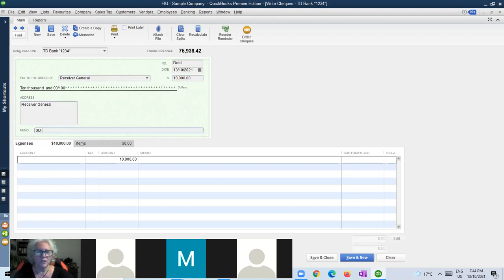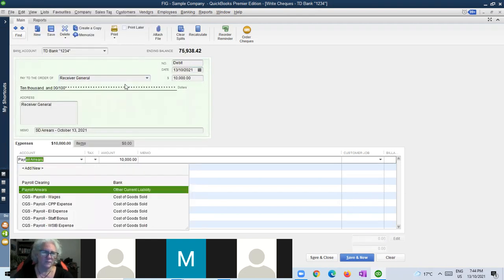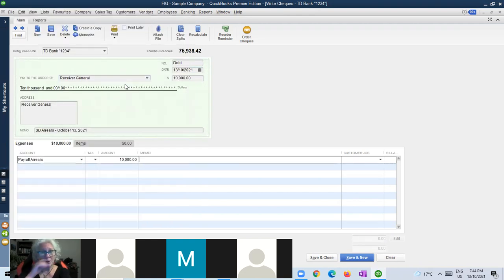And I'll just say source deductions arrears, October 13th, 2021. And then I send it to payroll arrears. So what happens here is the debt is just being moved from payroll liabilities to arrears. And every time an installment is paid, it's relieving that old, stalled debt. So again, I would copy paste it over to there, and save and close.